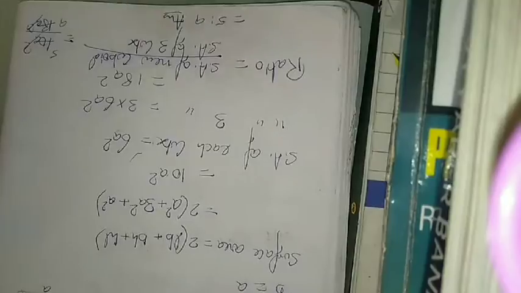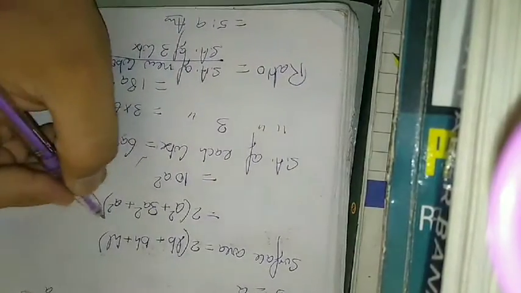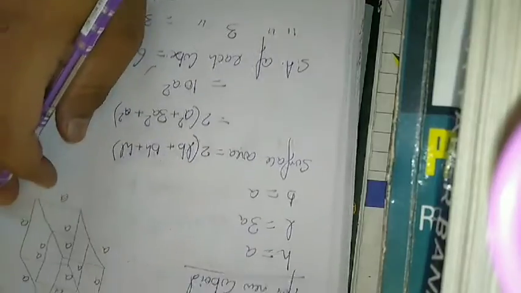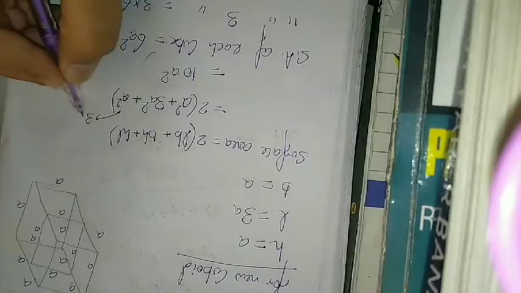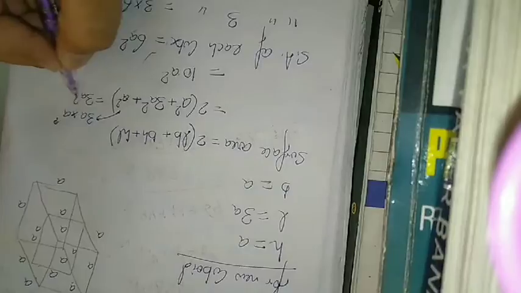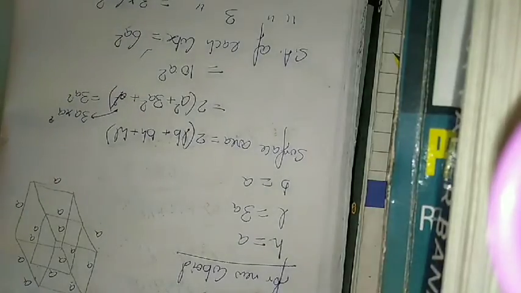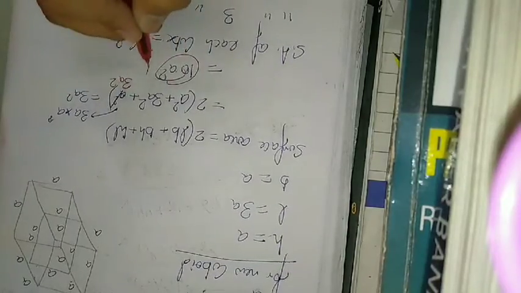Students, there is a correction over here. Just look at this one more thing. Height into length: your height was a, length is 3a. So this will also be 3a into a, which is 3a square. So this is 3a square, and this number will become 14a square, right?